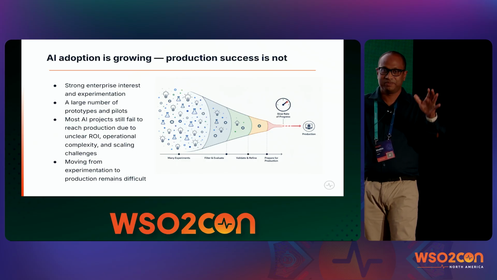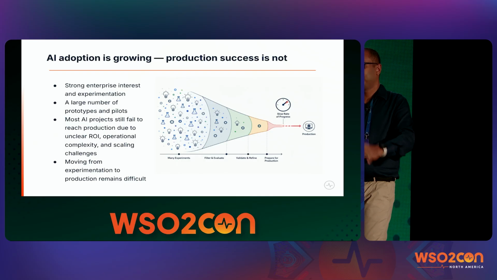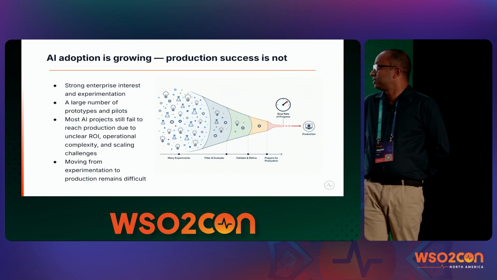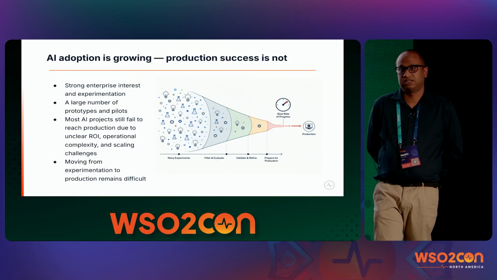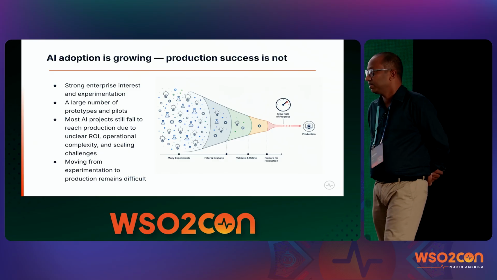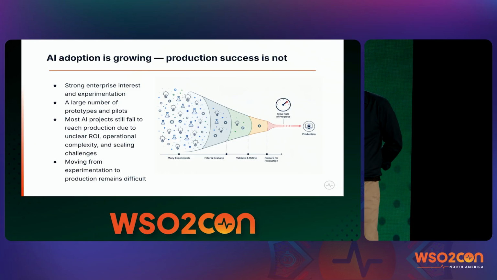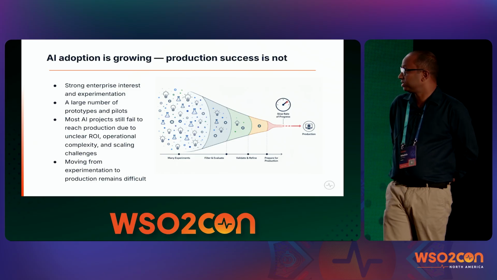The initial excitement is there, but as you move forward, the project is not going to be successful. The other reason is operational challenges, right? Operational complexities, scaling related issues, and so on. It's a constant struggle to take these agents to production.